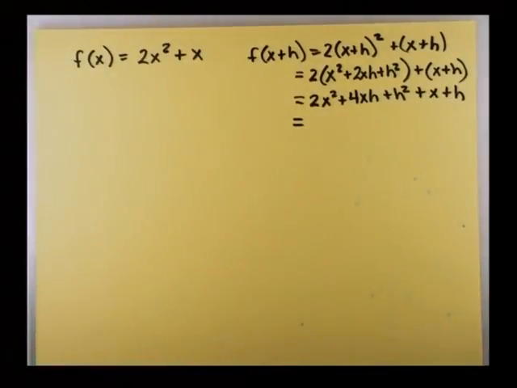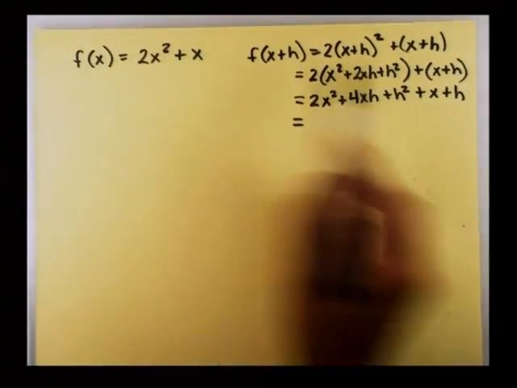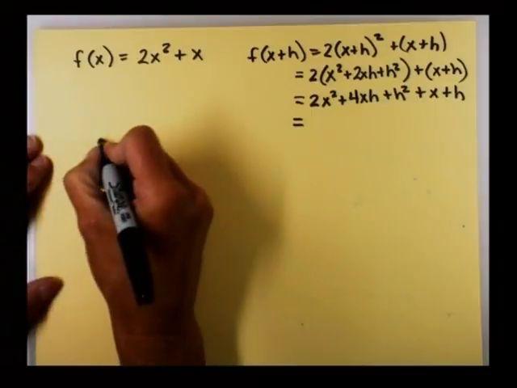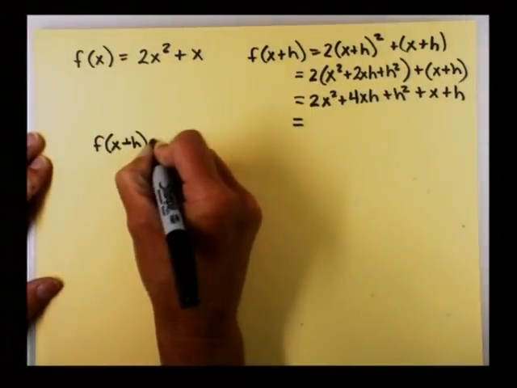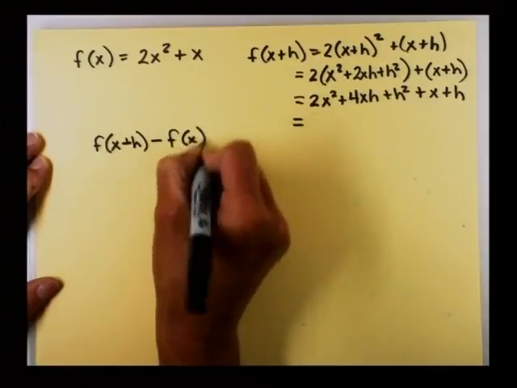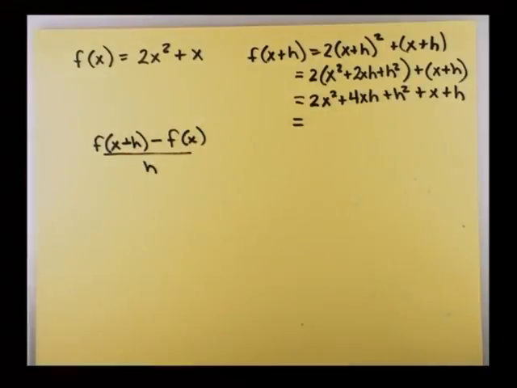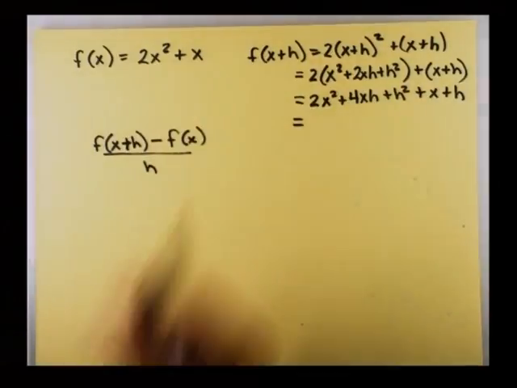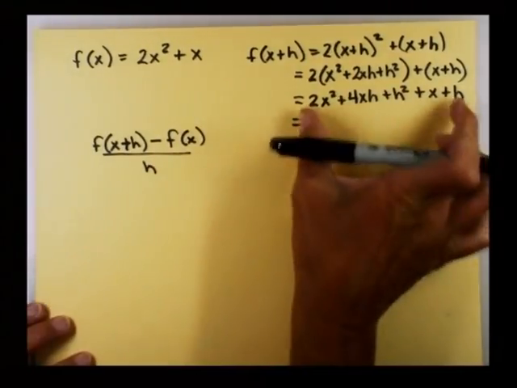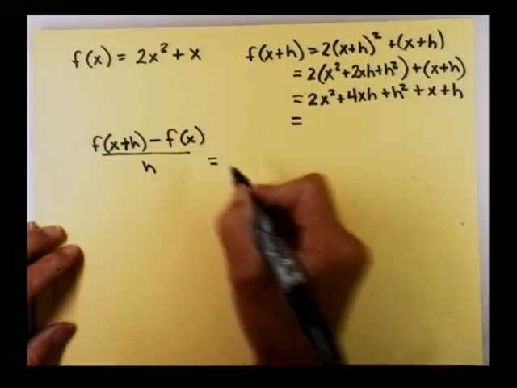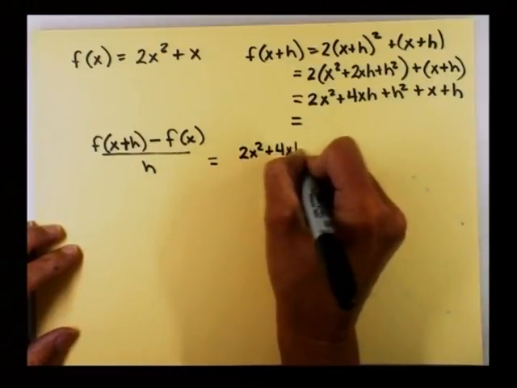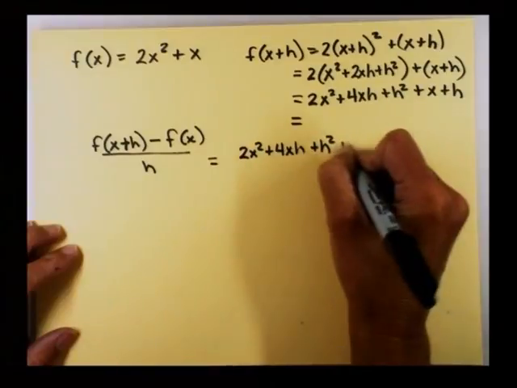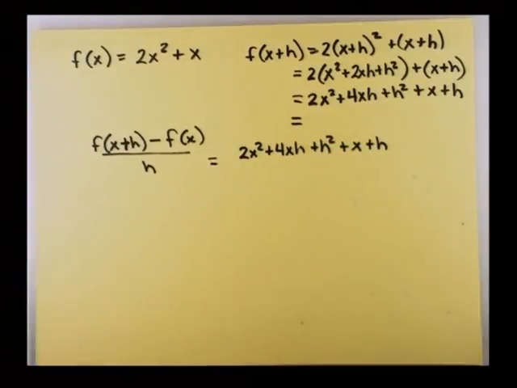So now I have my f of x and my f of x plus h, and I'm going to put it into my difference quotient. Okay, so I'm going to take all of this stuff. We have 2x squared plus 4xh plus h squared plus x plus h.